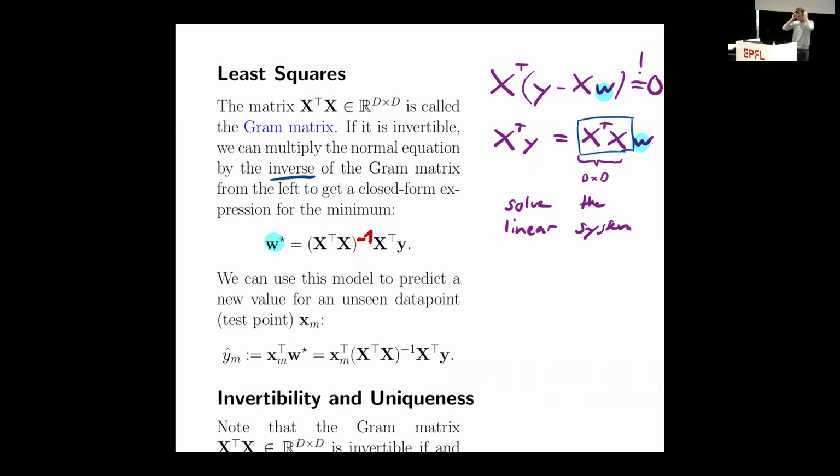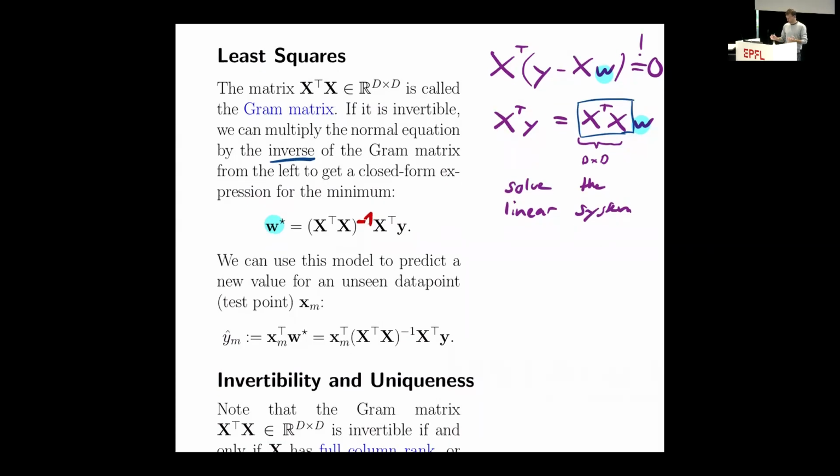And then, if you want to ask how I can use my model, because this is a bit of a complicated expression, you can also use this expression to directly predict new data points you have never seen. So here is a new point. That's what you would call a test point. You have not seen this in your training set, but still you would like to make a prediction for the test point.